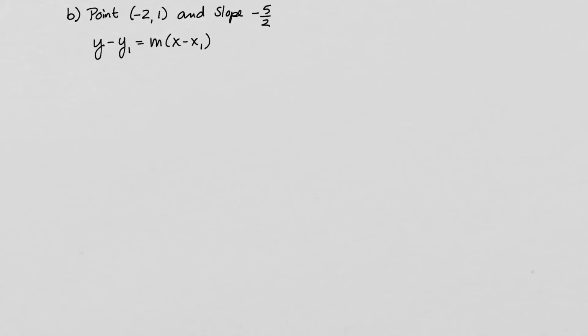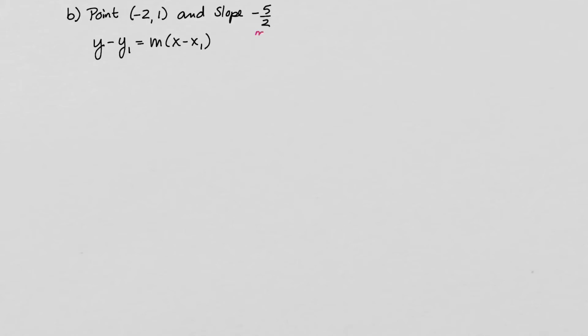So we'll try another one. So our point here is (-2, 1), and our slope is -5/2. So again, that point slope formula is y minus y1 equals m times x minus x1.